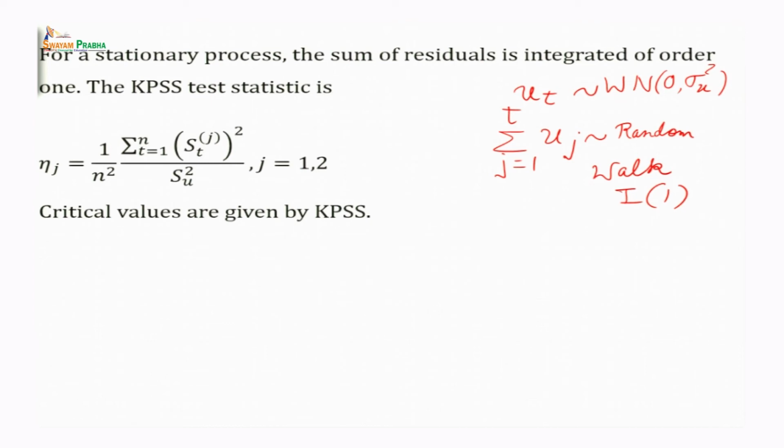Then the critical values for this test are given by KPSS. So, you can obtain the critical values, compare the calculated test statistic with the critical values given by KPSS, and then you reach a decision.